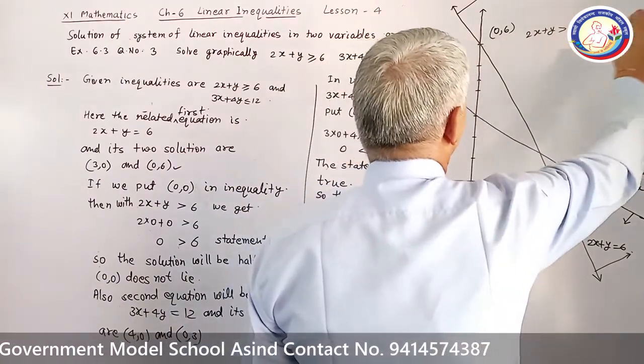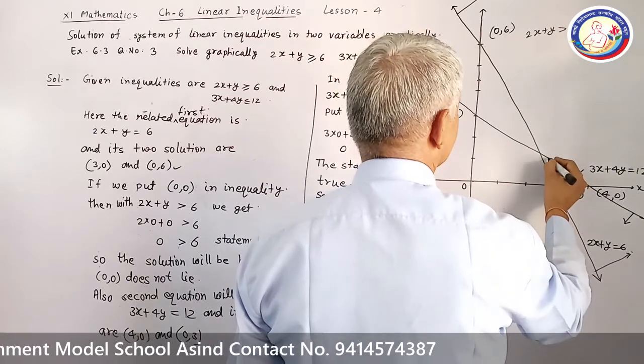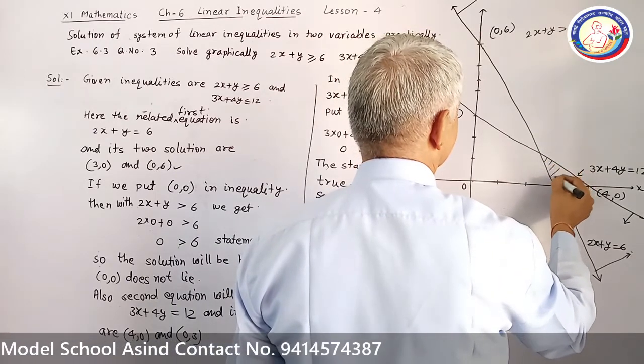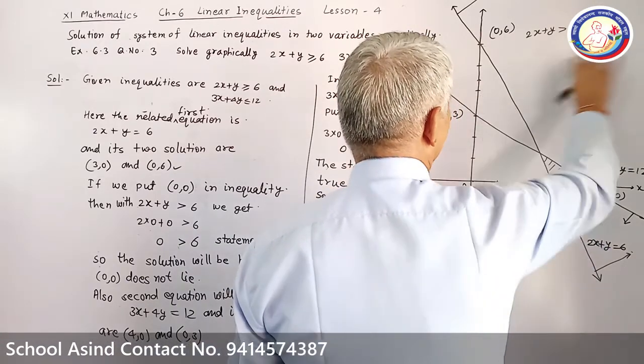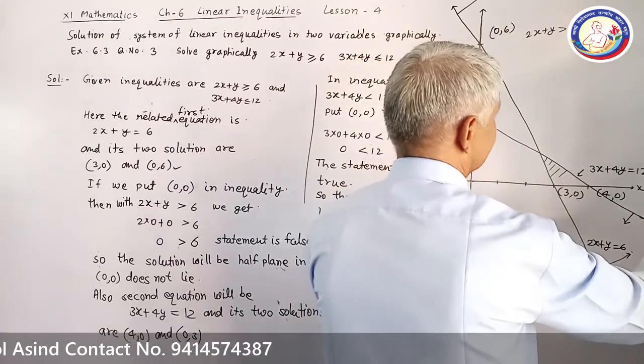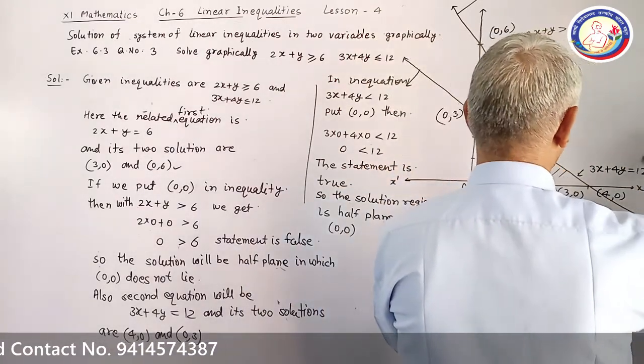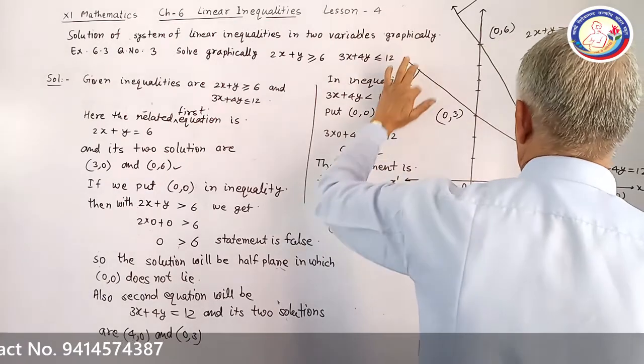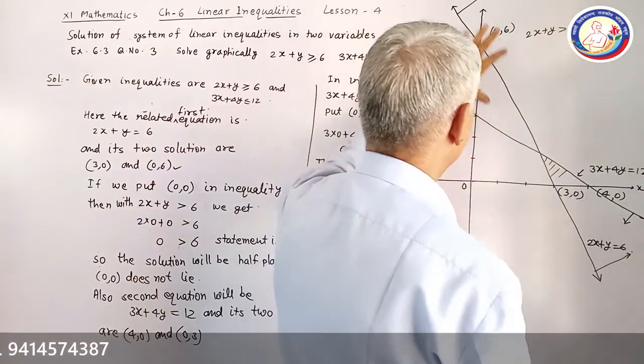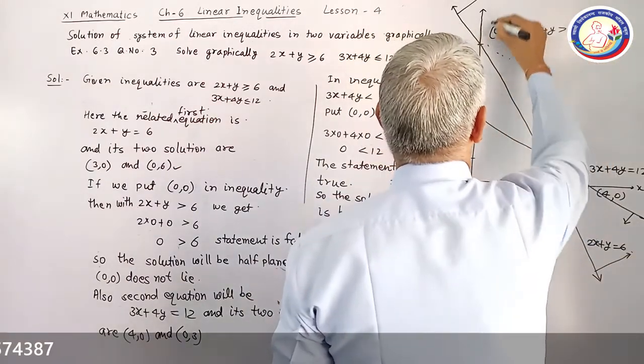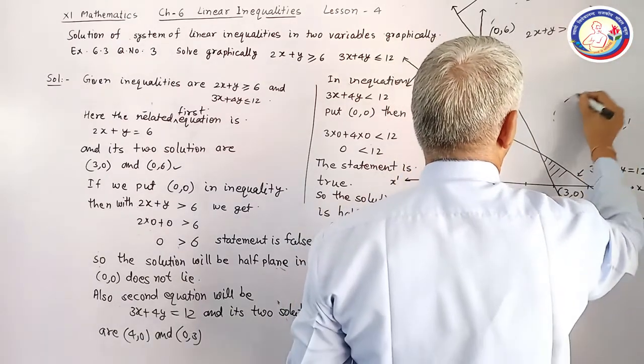So above this and below this is the solution region. Above this line, this whole region, and below this line, here. What is common in these two? This area, this whole area.